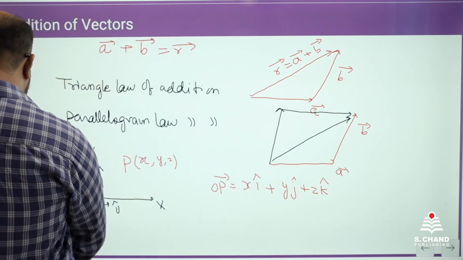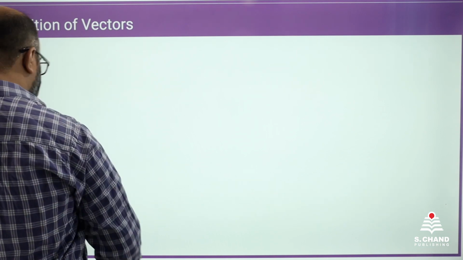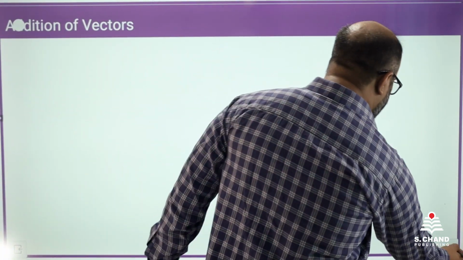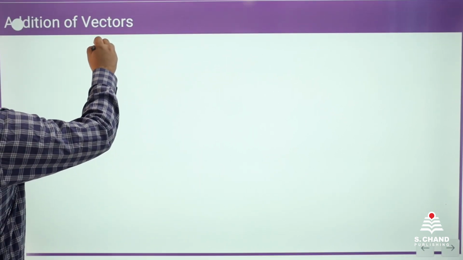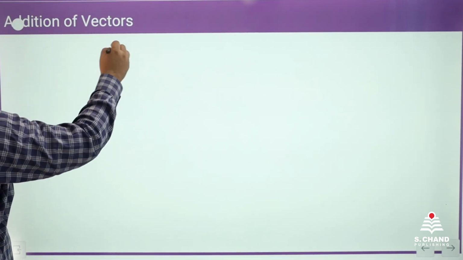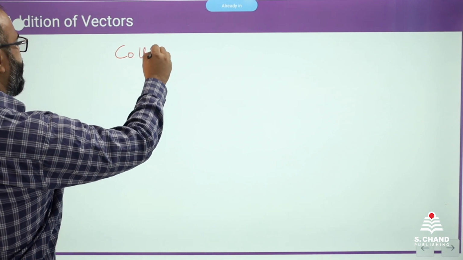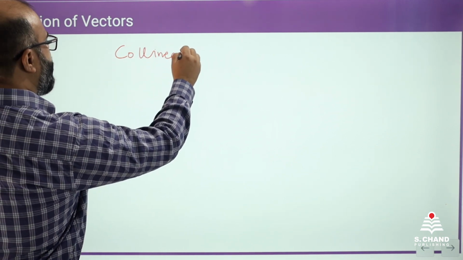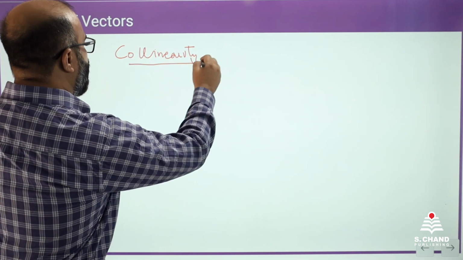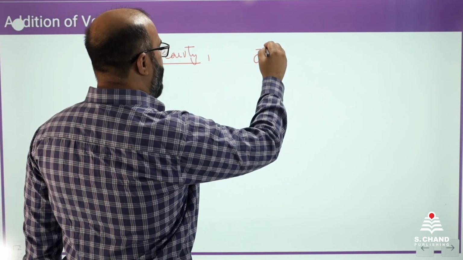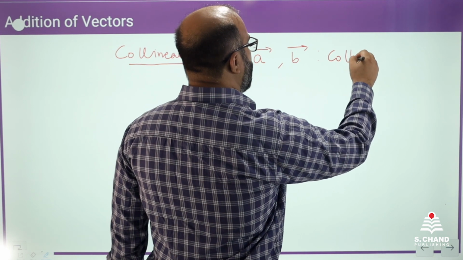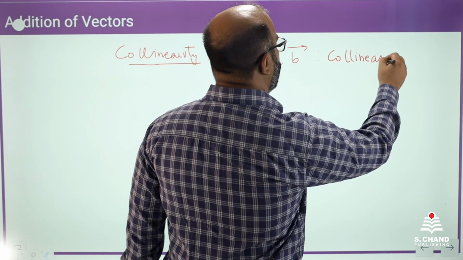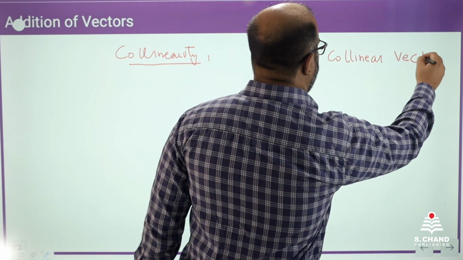Okay, now we have something called collinearity and coplanarity. So if we talk about collinearity, collinearity is basically if we have two vectors which are collinear. So if there is a vector A and a vector B, and we say that these are collinear vectors, that means they lie on the same line, then what happens?